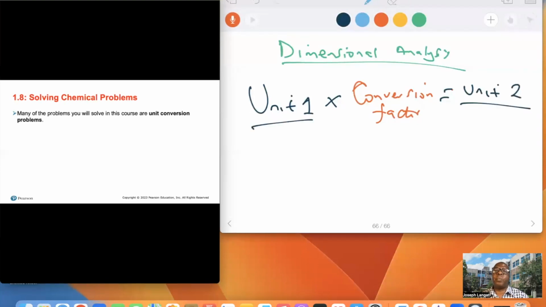So you're moving from point A to point B. This is the dimensional analysis way. It's a powerful way of solving problems.